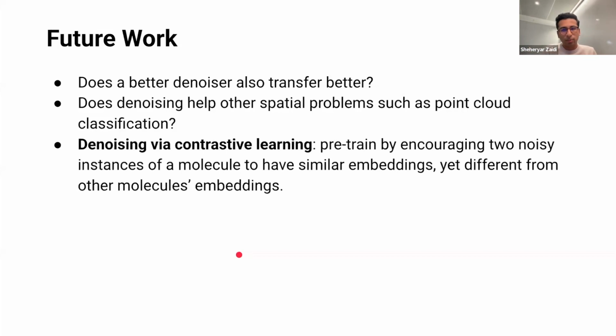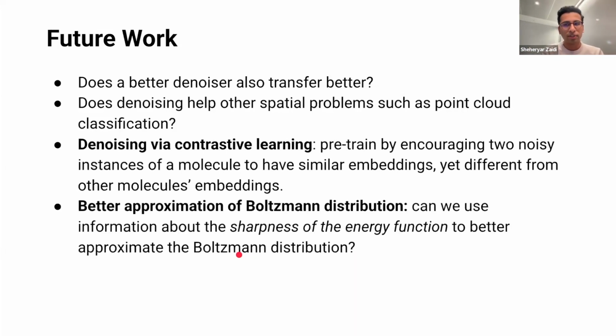And lastly, we talked about this quite a bit: can we approximate the Boltzmann distribution better than what we did so far? What we did is the most basic thing you can do, and we can see good results across multiple data sets. Can we be smarter about the way we approximate the Boltzmann distribution, for example using B factors or some sort of sharpness of the energy function? And then, what kind of objectives does that give rise to?